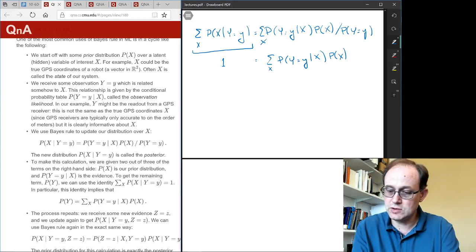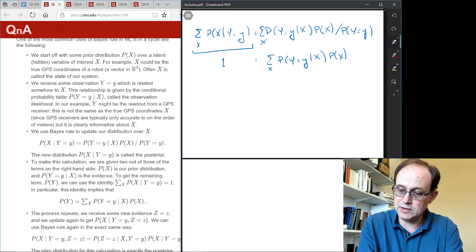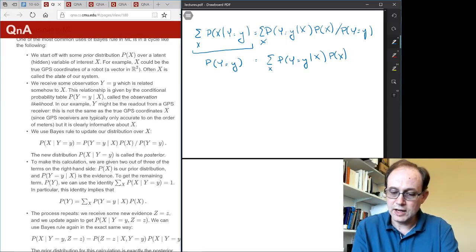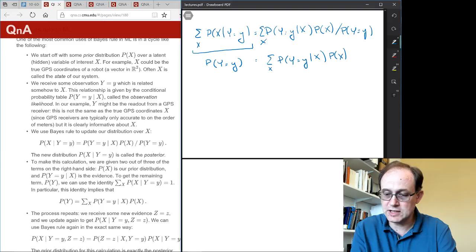Then, instead of dividing by p of y equals y, I'm just going to multiply through. That gets rid of the 1, and we put the P of y equals y here. Note that I can multiply through by this because it doesn't depend on x.